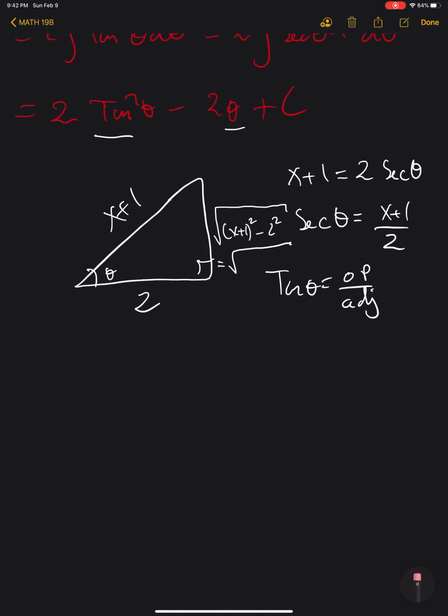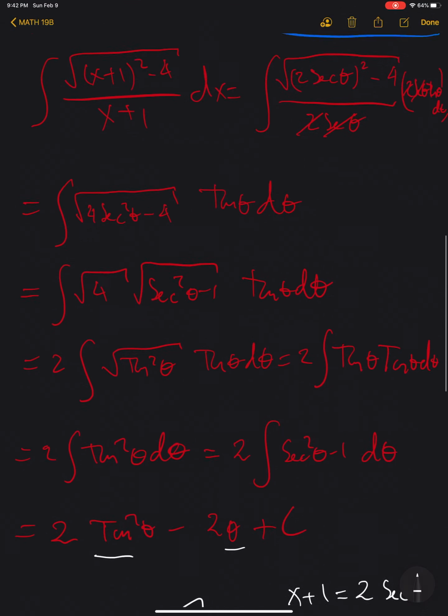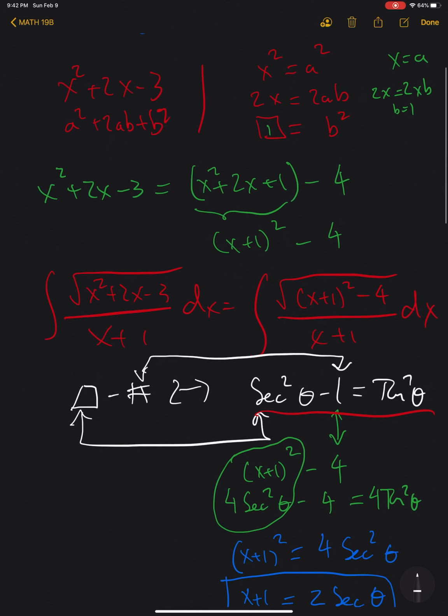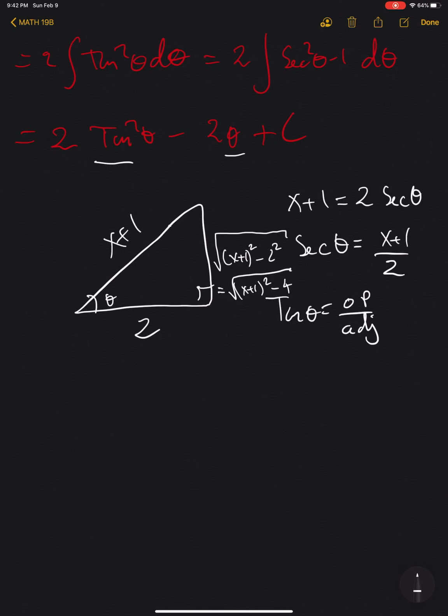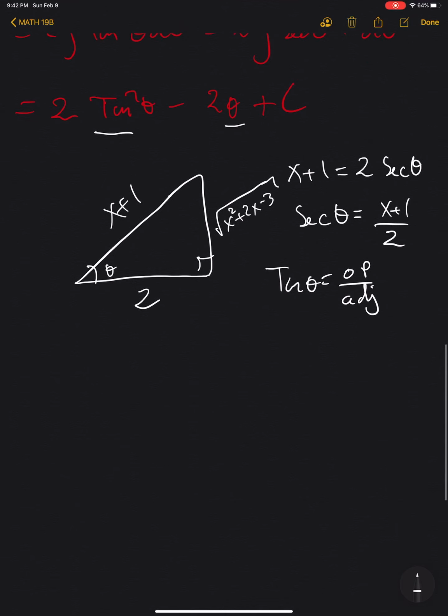That would be just x plus 1 squared minus 4, which is exactly the same thing that we had up here whenever we completed the square. So this is the exact same expression we started with. That means that the opposite side, in our case, is going to be just the square root of x squared plus 2x minus 3. So this gives me tangent to be opposite, which is the square root of x squared plus 2x minus 3, divided by the adjacent, which is 2.